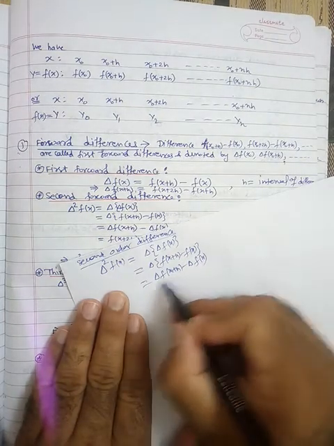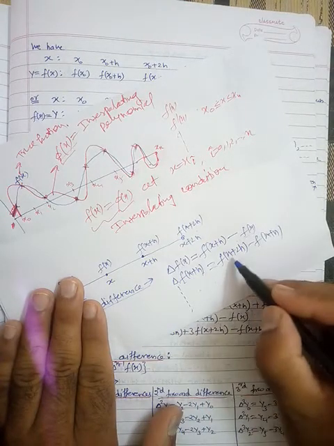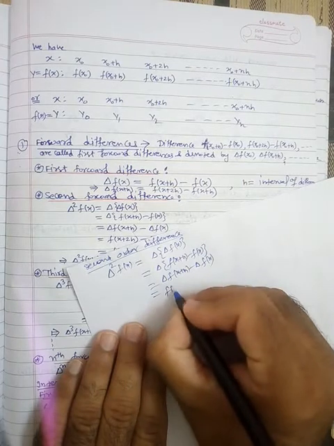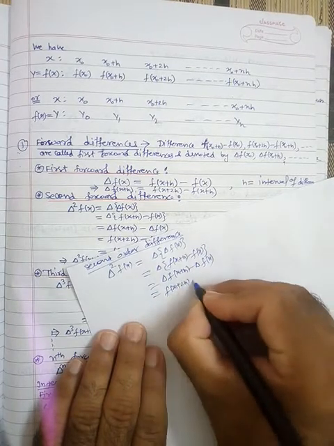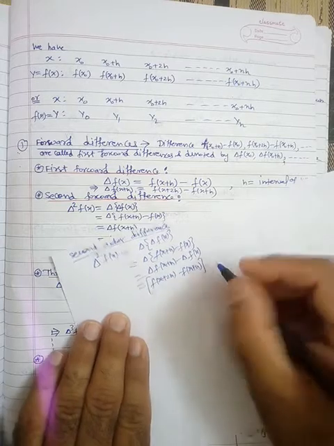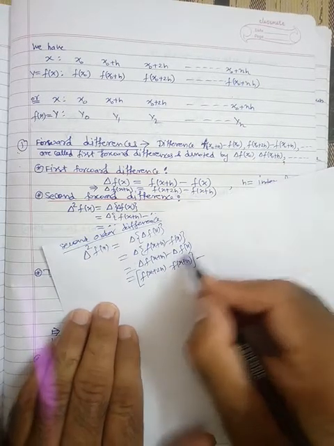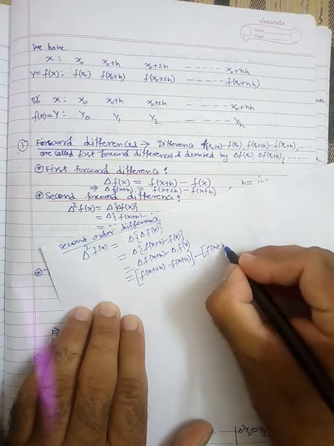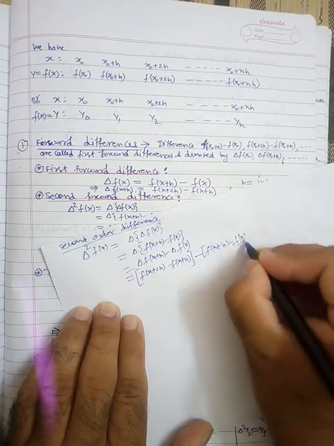Now the value of this we have already evaluated. So delta f of x is f of x plus 2h minus f of x with the help of forward difference, minus again delta f of x is nothing but f of x plus h minus f of x.